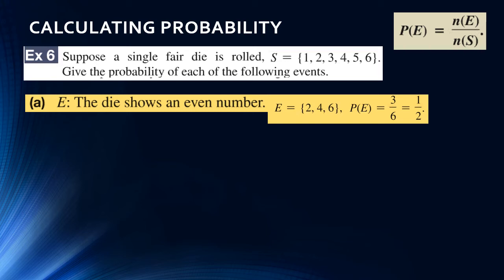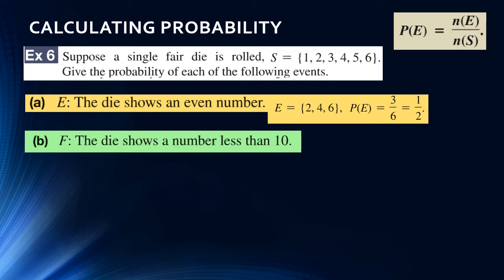And we do view this as a fraction, and we do reduce it. The die shows a number less than 10. Well, the event F has 1, 2, 3, 4, 5, 6 possible outcomes, because all of the outcomes in the sample space are under 10, so all of them.